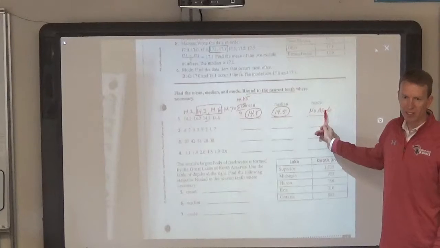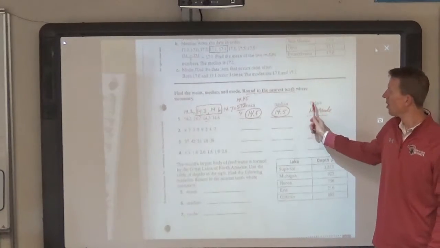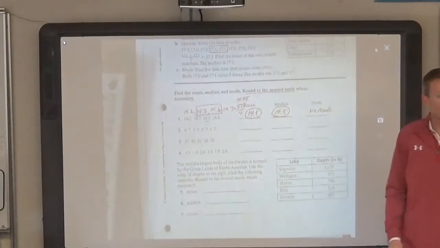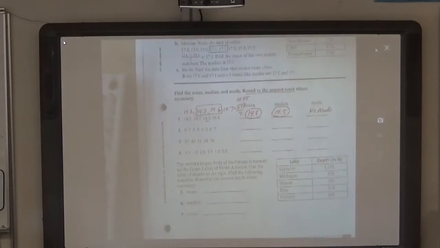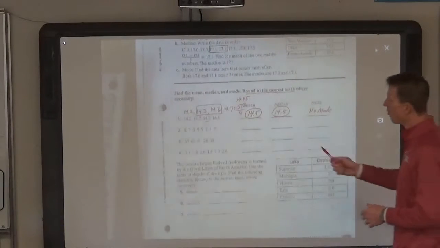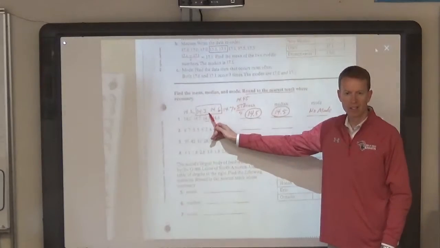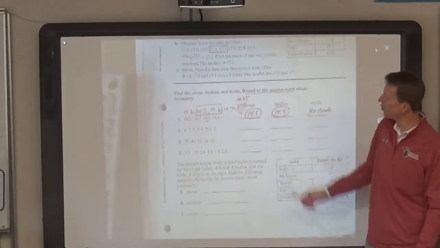Would it be the mode? No. That doesn't make any sense if there's no mode. So it's either going to be the mean or the median. Since they're the same, you would write that the mean or the median could be used as the central tendency because they're the same and they both represent the middle value in the numbers. They both represent the center, which is why it's called the central tendency.